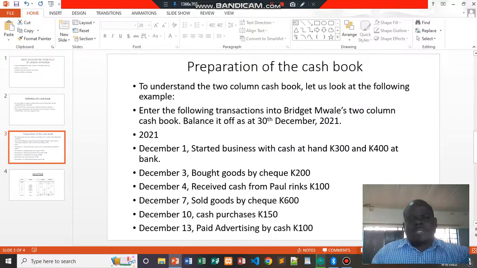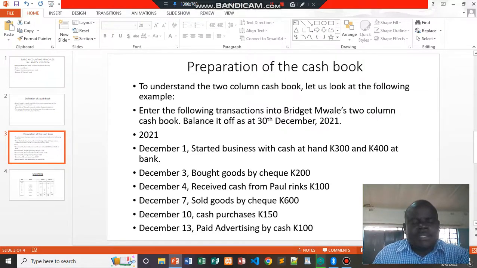Before we start recording these transactions in the cash book, we first begin to understand the accounts which are involved in each of the transactions. If we look at the first transaction on 1st December, where they say started business with cash at hand, 300 kwacha, and 400 kwacha at bank, whenever they say started business, it simply means there must be capital involved.